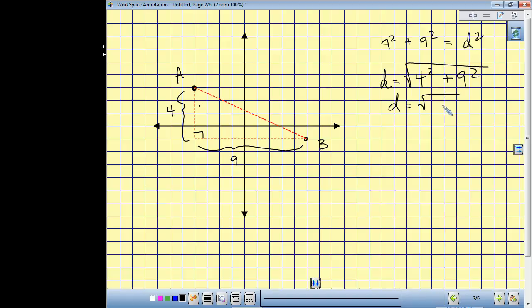And what is 16 plus 81? 97. And I don't believe that would simplify. Let's make sure I'm correct. I'm correct. Okay, so that's the exact distance. The approximate would be a decimal approximation for that value, the square root of 97. So the distance between these 2 points is the square root of 97, or approximately 9.85.